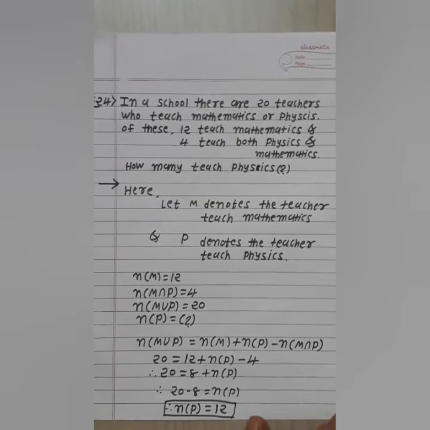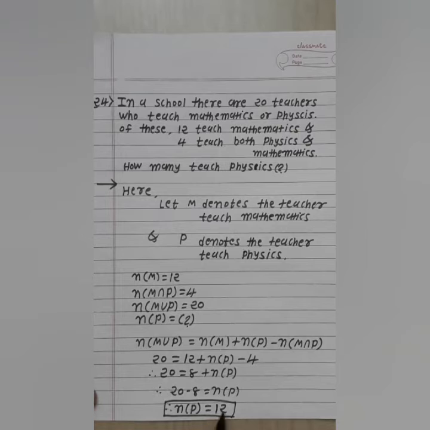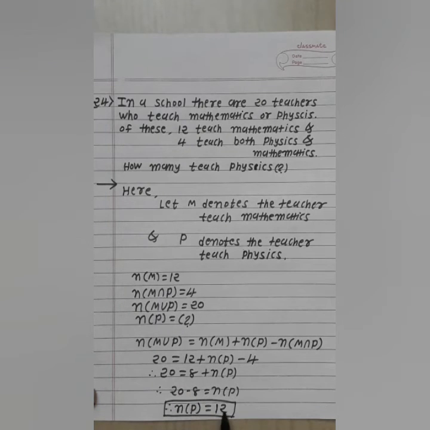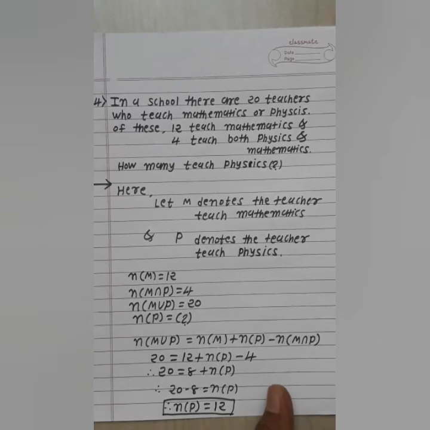So our answer is n of p is equal to 12. n of m is equal to 12 is given, n of p is also 12, and 4 teachers are common in both these subjects. So m intersection p is equal to 4.